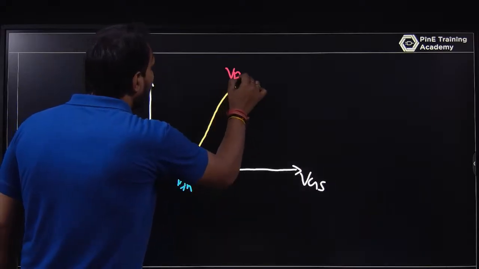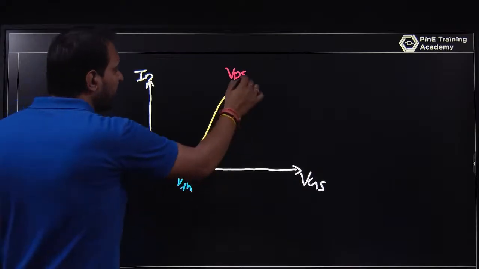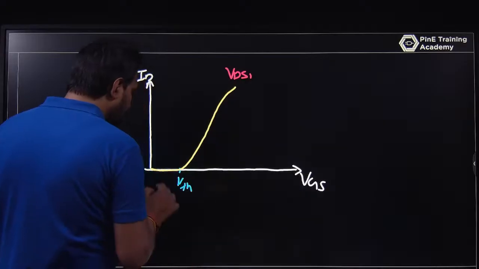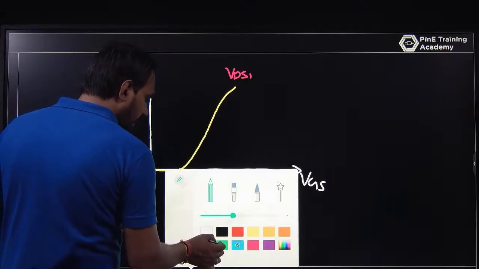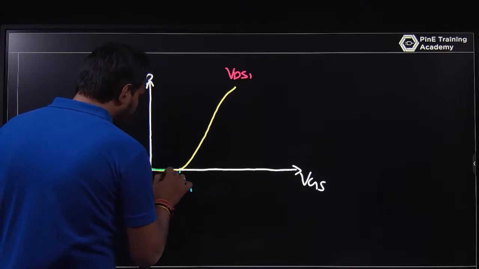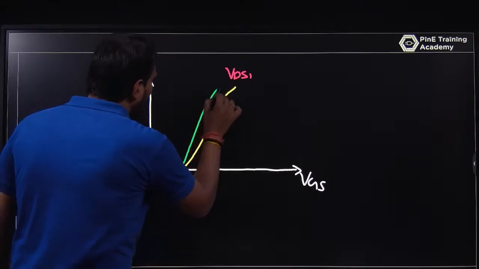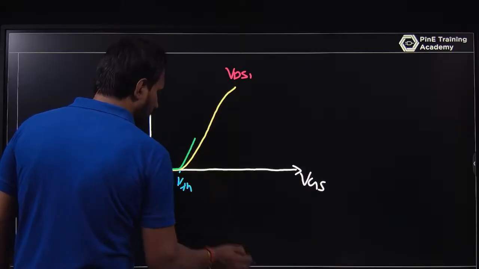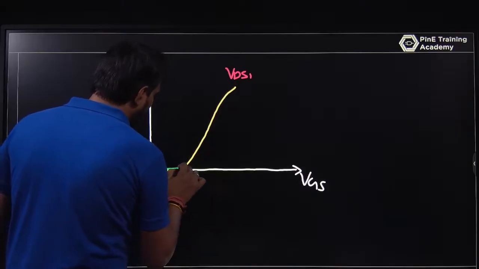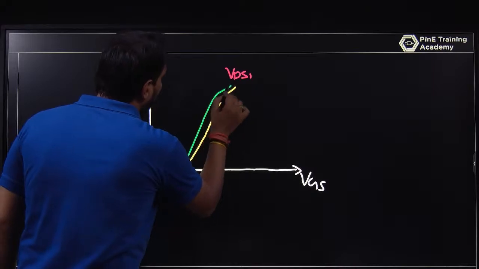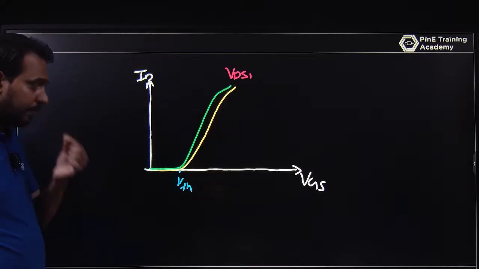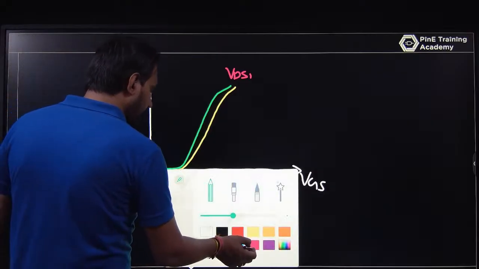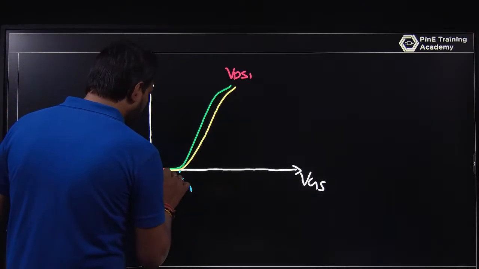Let this be VDS1, and let this be VDS2 here. Okay, and similarly for the third, VDS3.